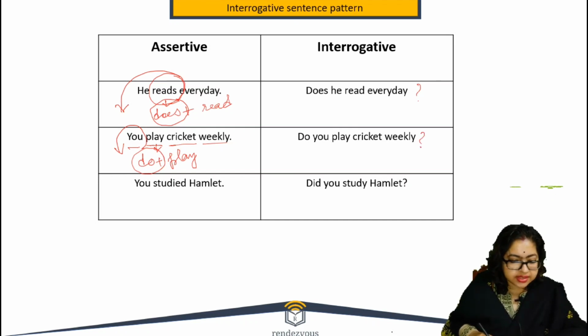For our next example, we have you studied Hamlet. Now you can see that this verb is in the past tense. So studied means did plus study.